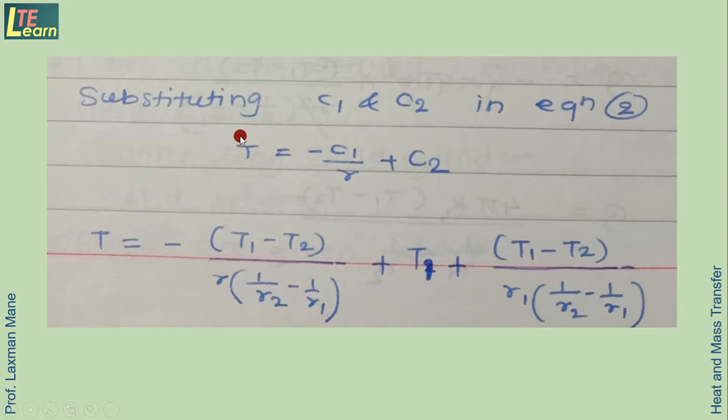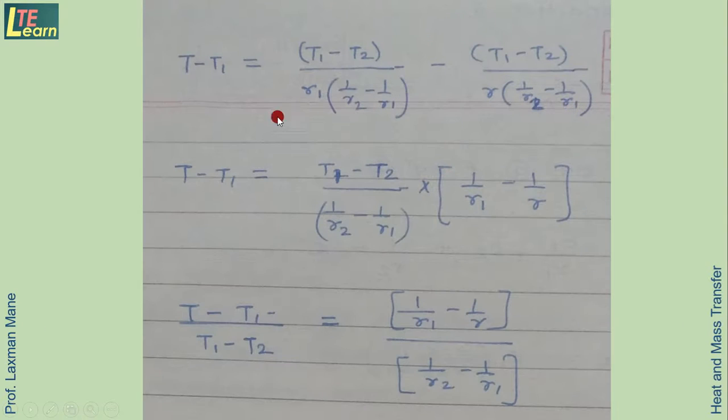This is equation number 2. At the place of C1, this expression with minus sign. At the place of C2, this expression. So simplifying the equation, we find T minus T1 is equal to this minus this term.